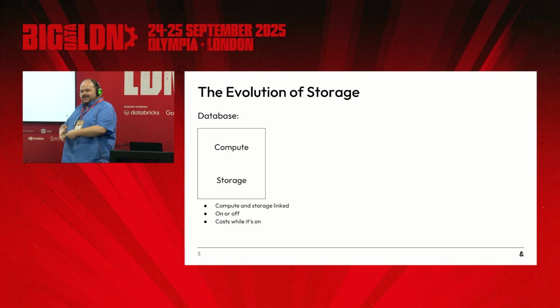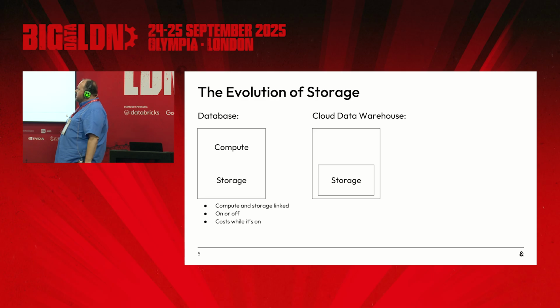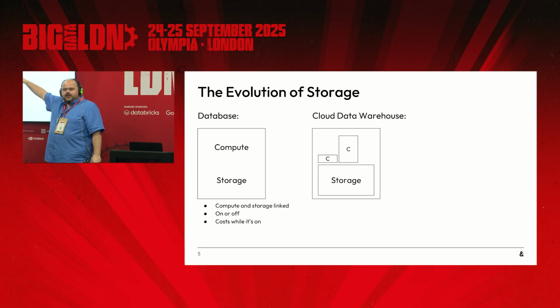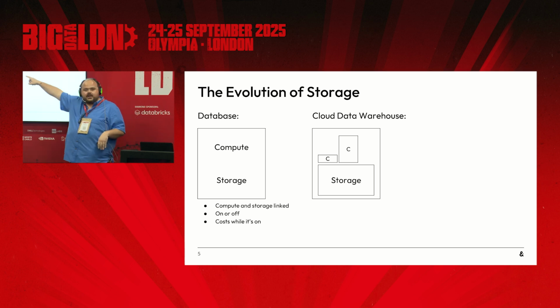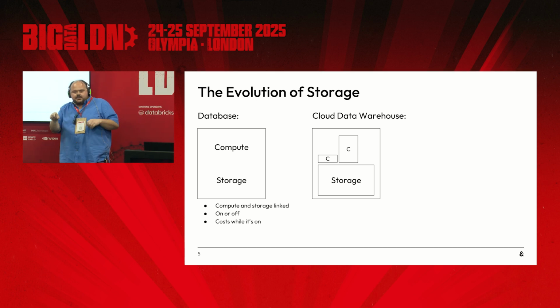So that brought us, as the cloud came along, to the cloud data warehouse. The good news about that is that you get to use cloud storage, which last I checked, S3 is like $23 a terabyte. It's basically negligibly cheap. And the key here is that it gives you the ability to have different compute for different jobs. In that scenario earlier, you have your big machine learning job in the middle here, but day to day, your analysts are just running SQL queries.